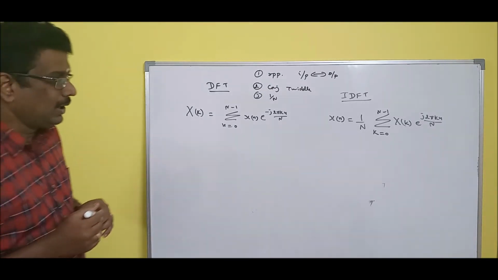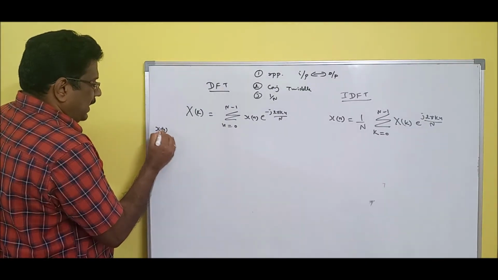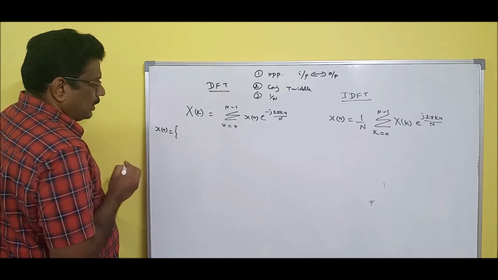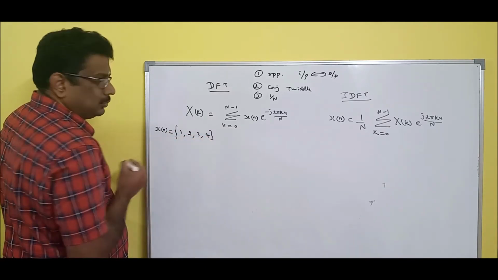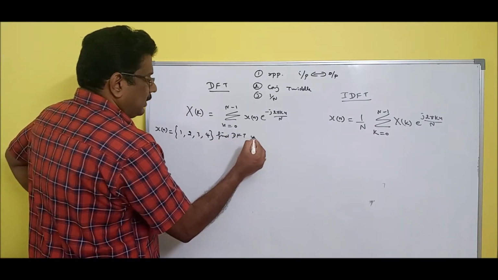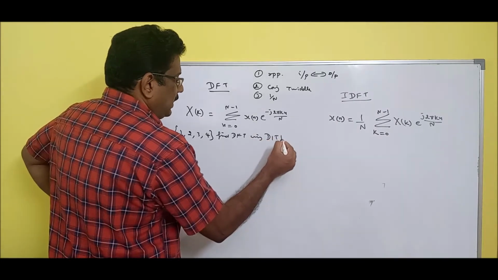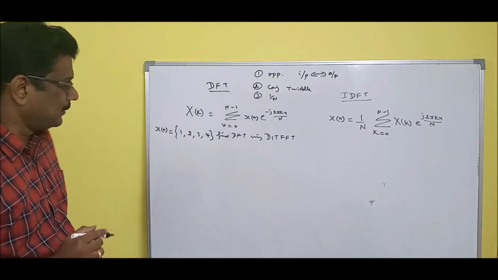Now let me give you one simple idea. Let me give a small problem. X of n is equal to 1, 2, 3, 4. Find the DFT using DIT FFT. Carefully listen. What am I going to do?